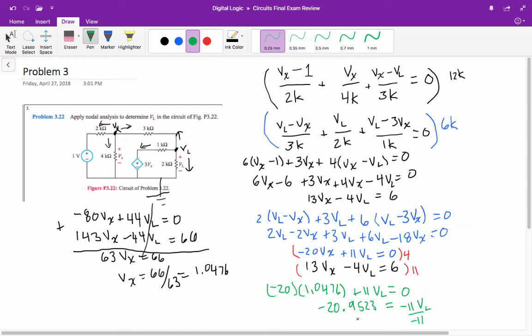Divide both sides by negative 11, and you get that VL equals 1.0476 9048. And that's the answer we were looking for.